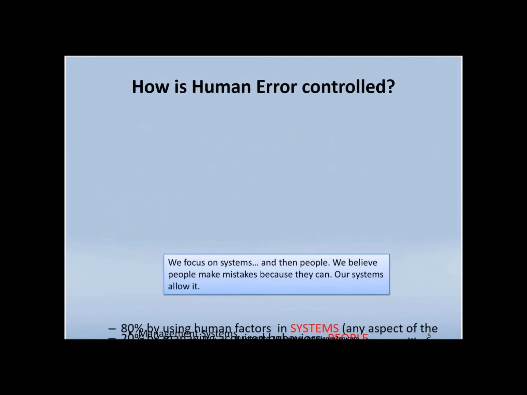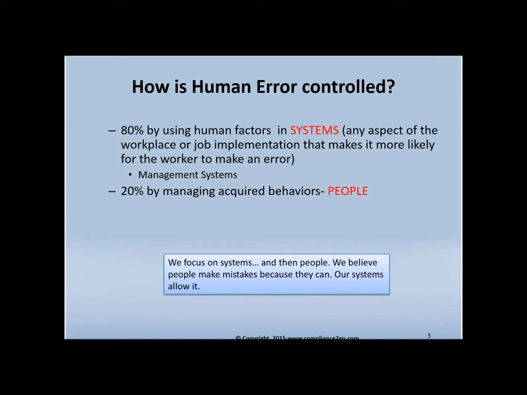Well, our methodology basically provides you with a distribution of the impact of initiatives. For example, when we work with human error reduction, and today you're going to learn how to do it yourself, we put 80% of our efforts in systems and 20% in managing acquired behaviors.